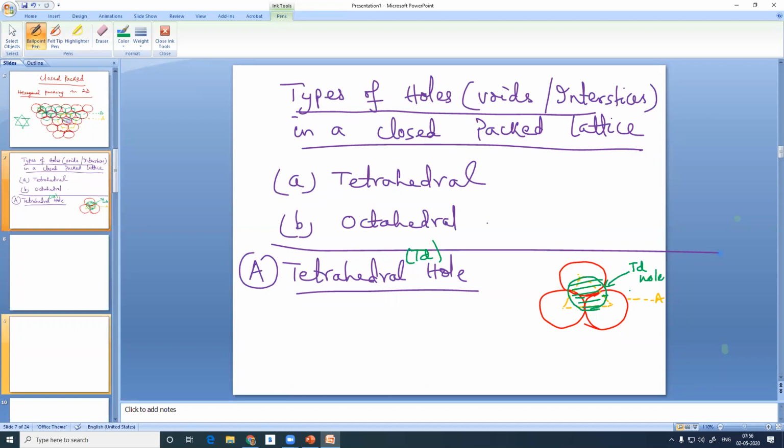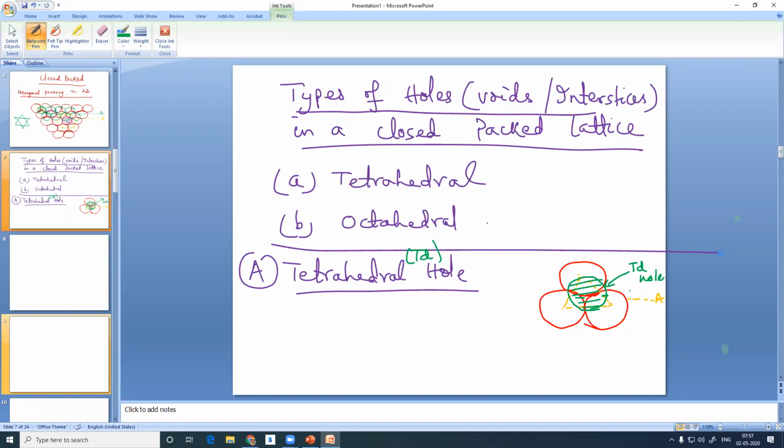There are three mounds over which a container carrying water is put, and we insert the wooden fuels in the space in between. That space where we use the wooden fuels is called the tetrahedral hole.